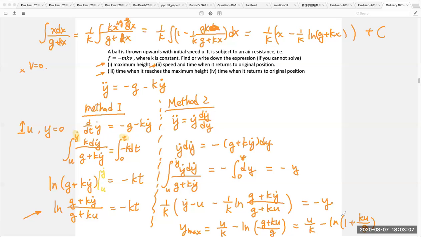It's not consistent because, let me see. Here it should be divided by k squared. I think I get it, divided by k squared. Oh yeah, then it should be fine now.